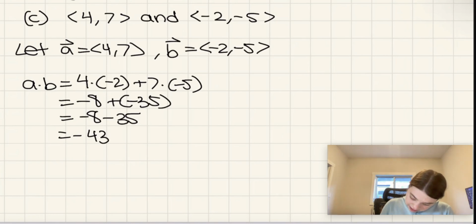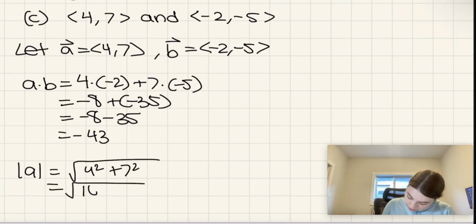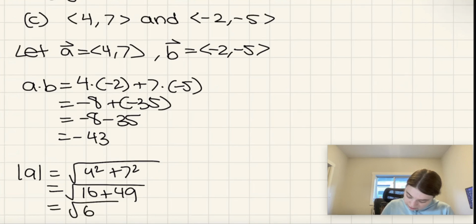Then the magnitude of A is equal to the square root of 4 squared plus 7 squared, which is equal to the square root of 16 plus 49. And 16 plus 49 is 65, so this is the square root of 65.